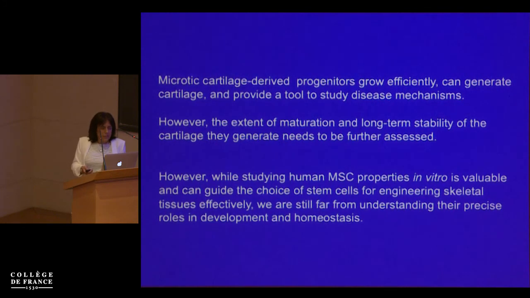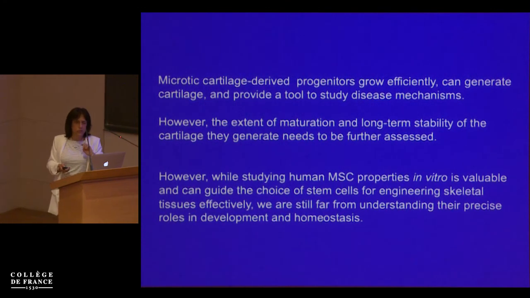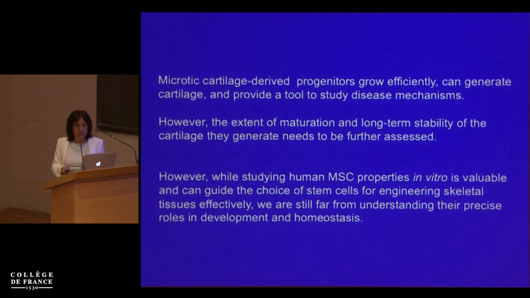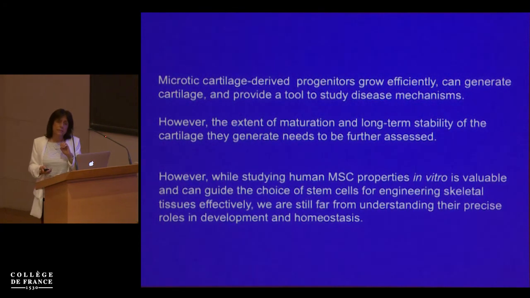However, the extent of maturation and the stability of this cartilage is not quite clear, so it's a question mark whether it would be sensible to try to use it for tissue repair. And the analysis of this culture and the proteomics supports the idea that there is a defect in the extracellular matrix.